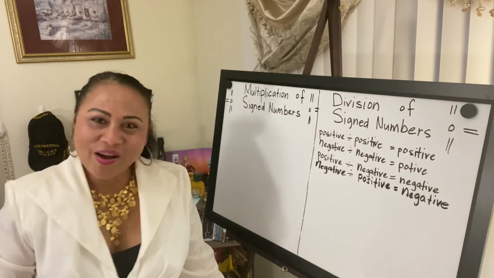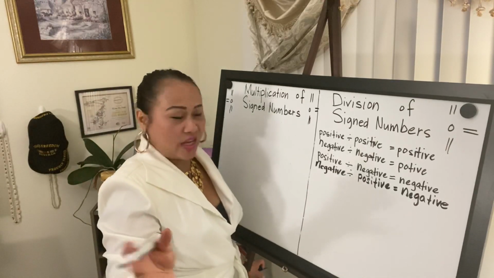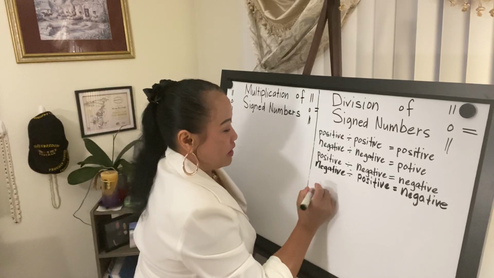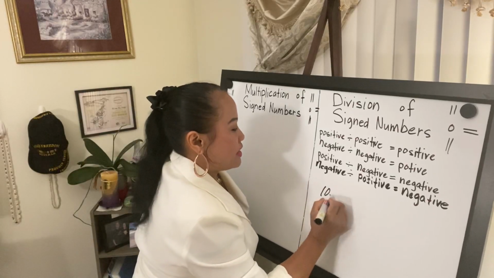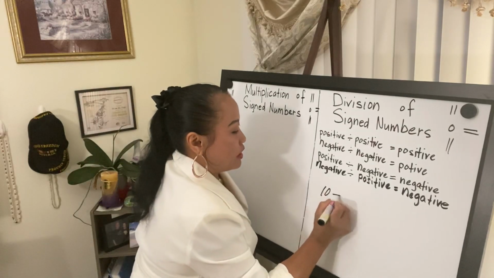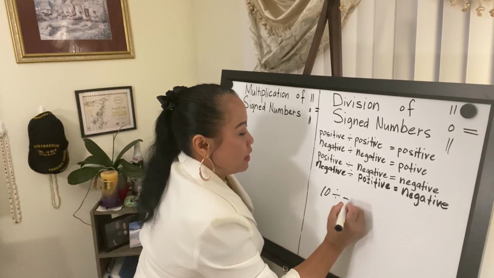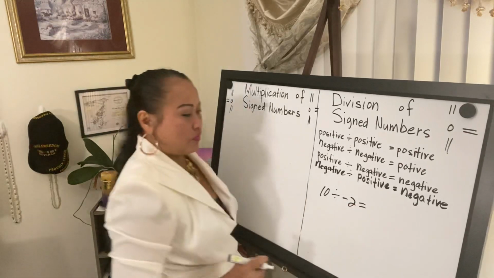Okay? So, I'll give you more examples. Sometimes they will write it this way too. Positive 10 divided by negative 2.